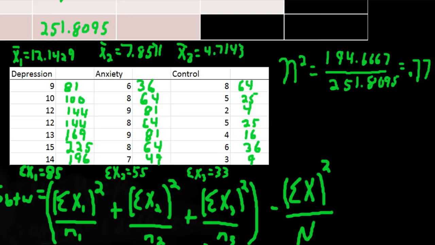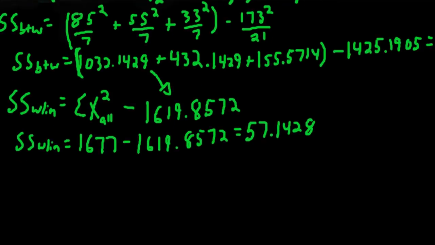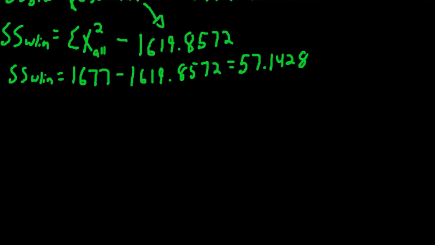So the largest difference, which is very likely to be statistically significant with the Tukey test, is going to be between the depression group and the control group. I'll start with the largest difference, and then I'll go to the next largest difference, and then we'll do all pairwise comparisons. So first, to do the Tukey test, we need to write down the formula.